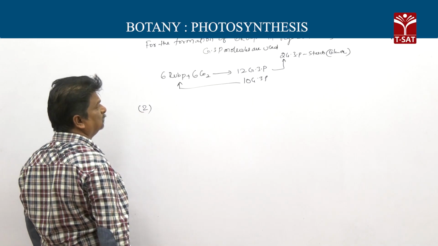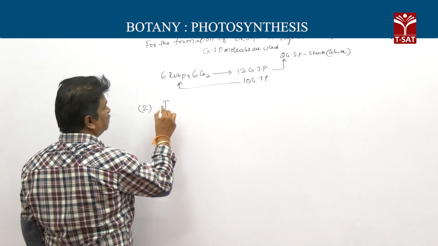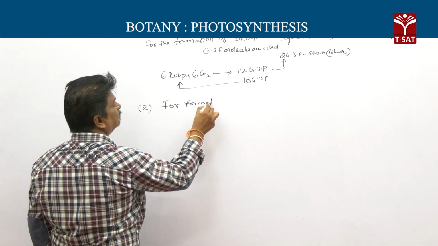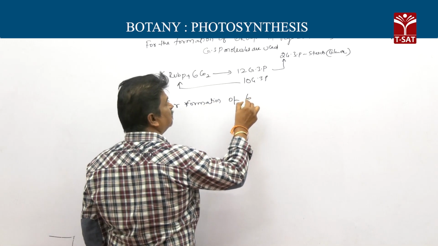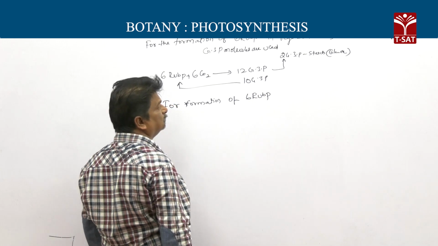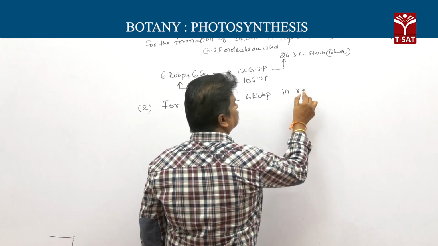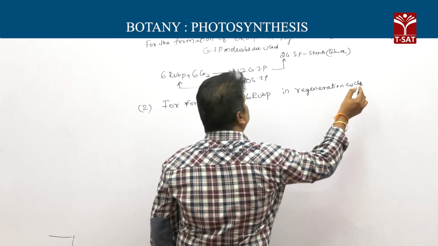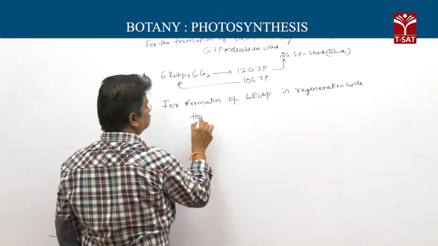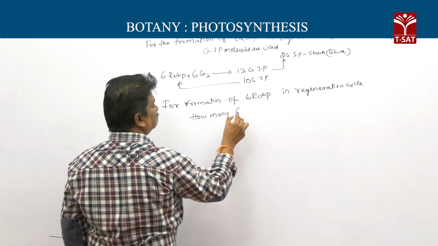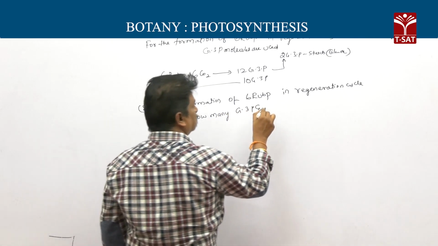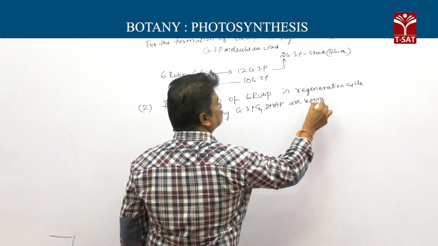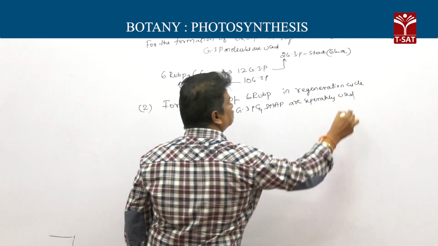Next, for the formation of 6 RuBP in the regeneration cycle, how many G3P and DHAP are separately used?